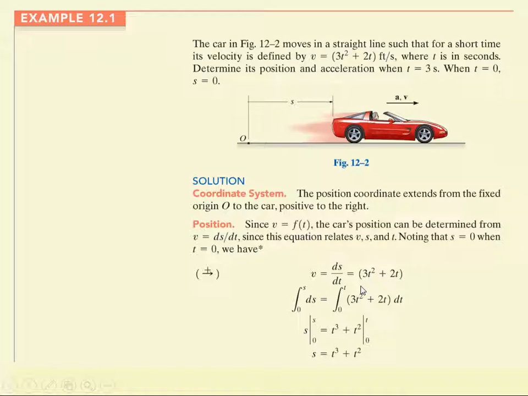the equation of the velocity. The question is, knowing the equation of the velocity, can we find out the position? And the answer is yes. So v is ds dt, and that function is the velocity function, which is a function of time.